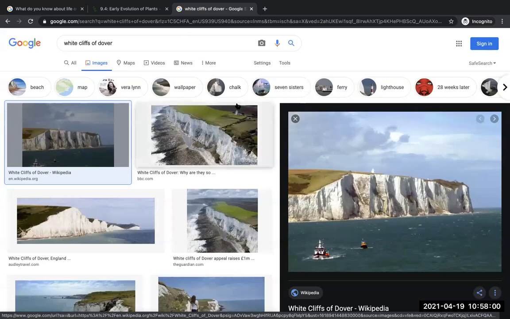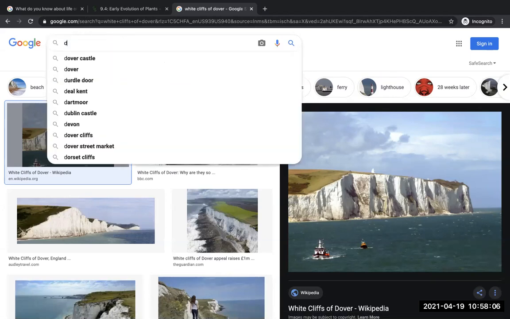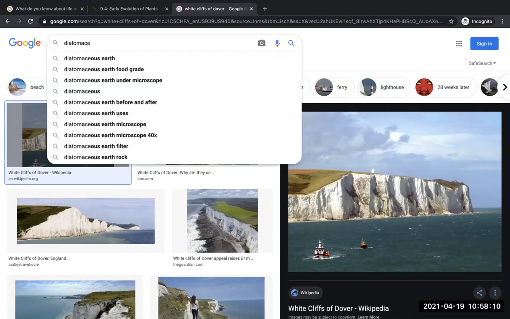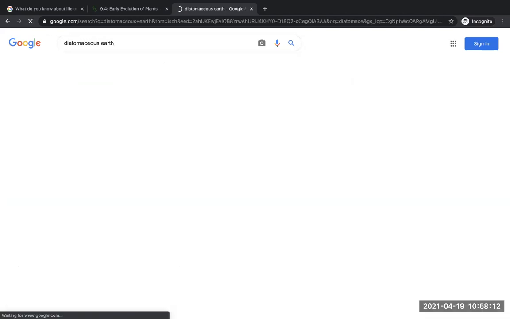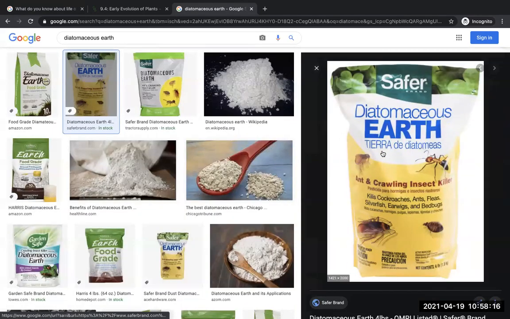We don't really use chalk anymore, but if you go to a pet store, you'll find something called diatomaceous earth. If you have ants in some place where you don't want them, you can just sprinkle this powder. If you were to mine those White Cliffs of Dover, you can get this powder.